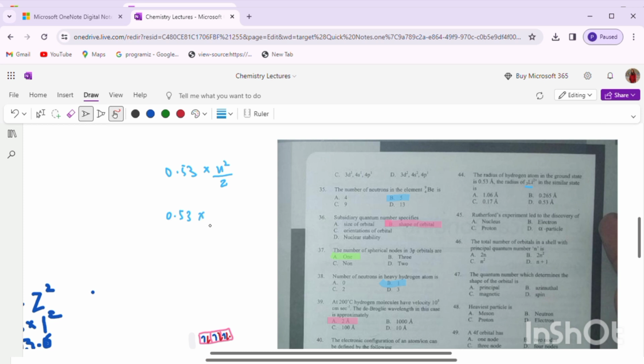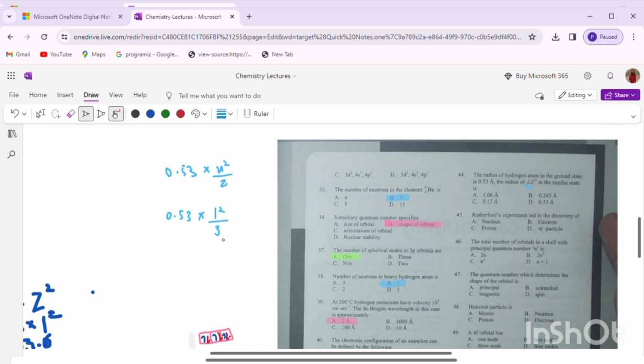So 0.53 into 1 square, since they are asking us about the ground state, and its atomic number is 3. We know that the square of 1 is of course 1, so no need to write 1 square.